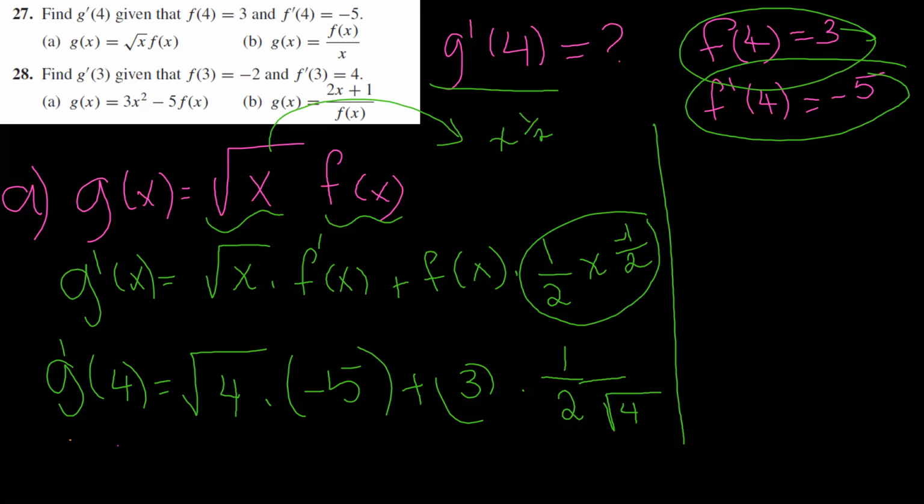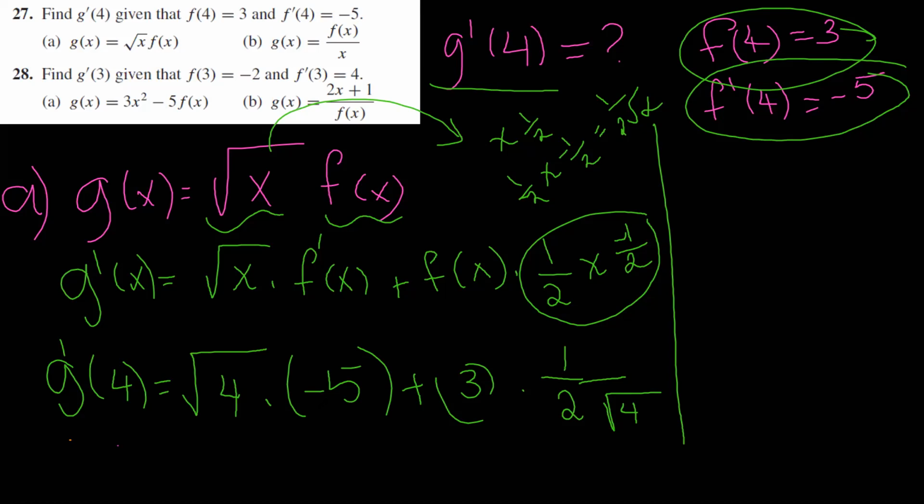So its derivative is half x to the power negative half, which you can write as 1 over 2 square root of x. Is it clear, Mihad? Yes. Okay.